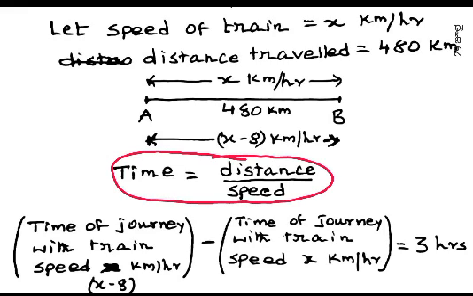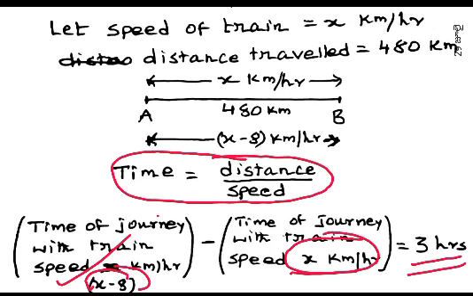As per the given data, the time of the journey with slower speed, that is x minus 8 kilometers per hour, minus the time of the journey with speed x kilometers per hour, is the time difference of 3 hours.